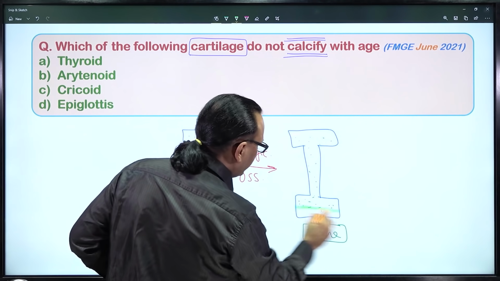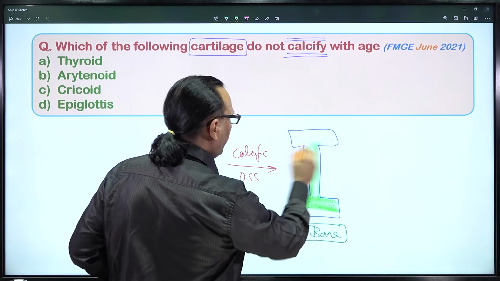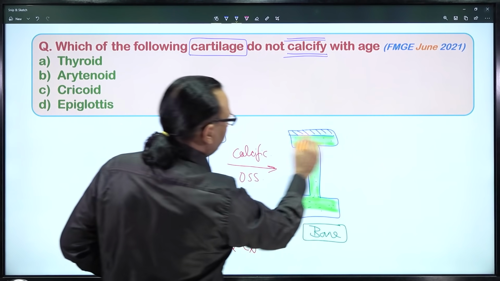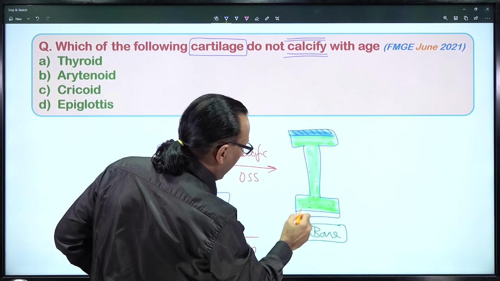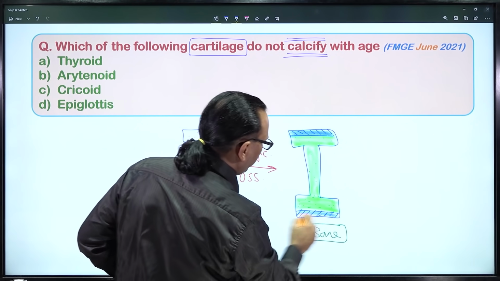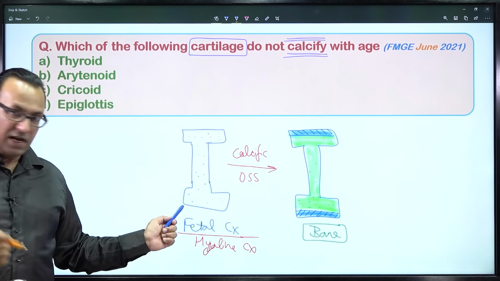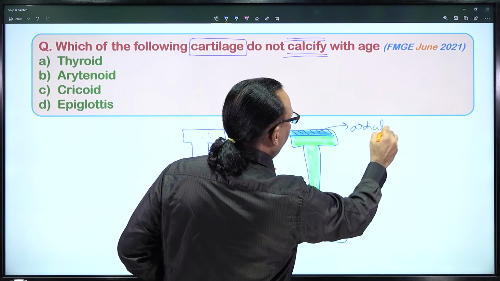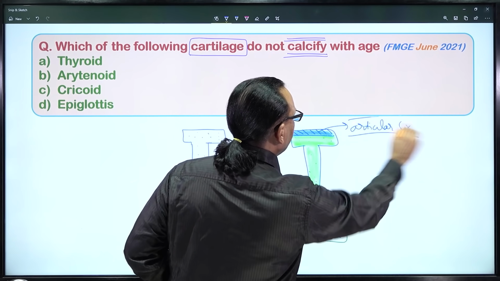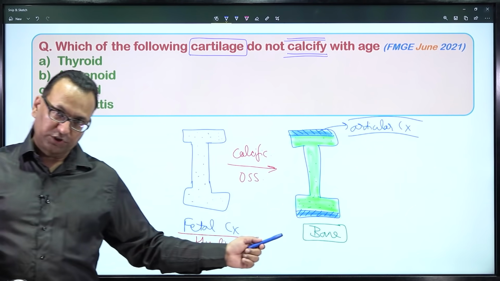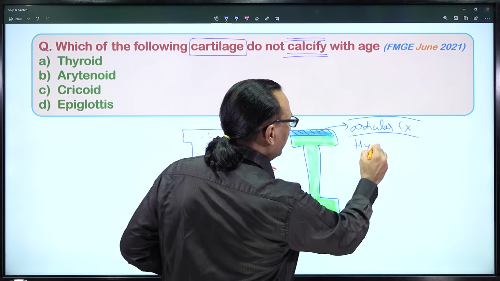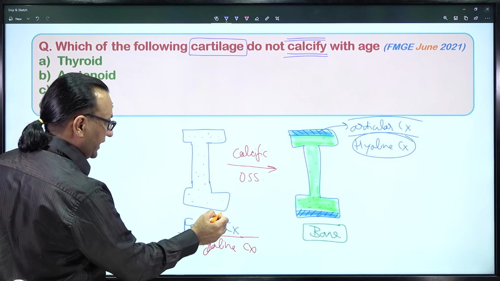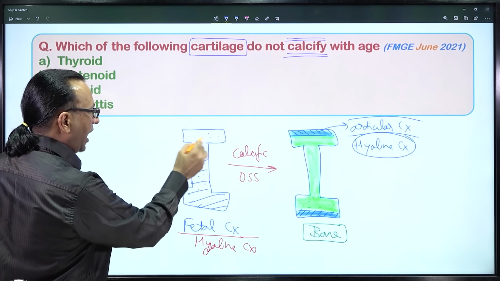The entire structure has changed into bony tissue except for the ends, and these ends are still hyaline cartilage, and that is what you call the articular cartilage. So, the articular cartilage is at the ends of the long bones and it is still hyaline cartilage, as we could see in the beginning. So this was fetal cartilage and it was all hyaline cartilage.